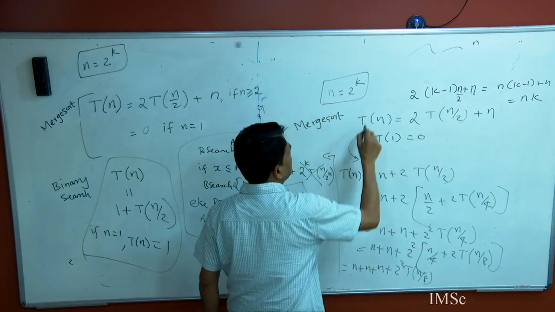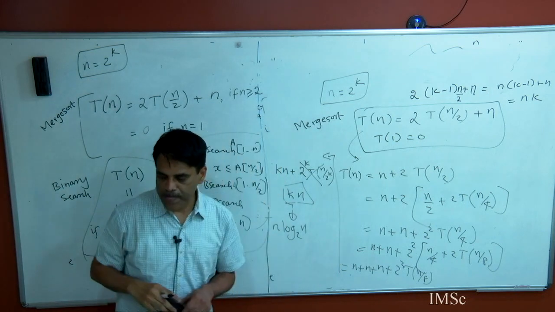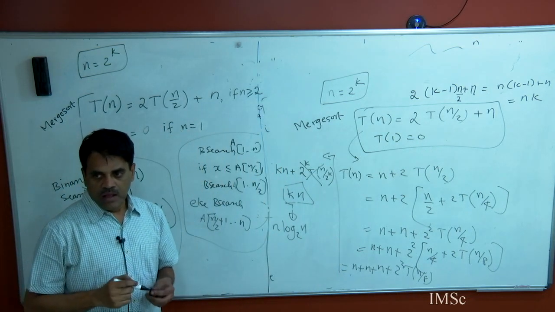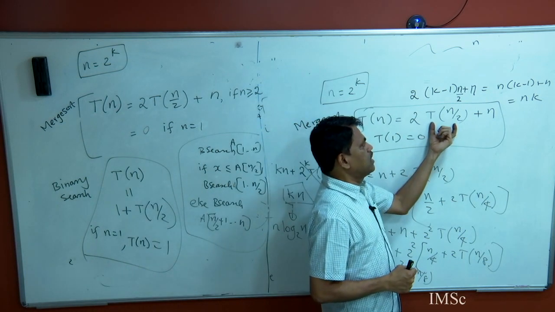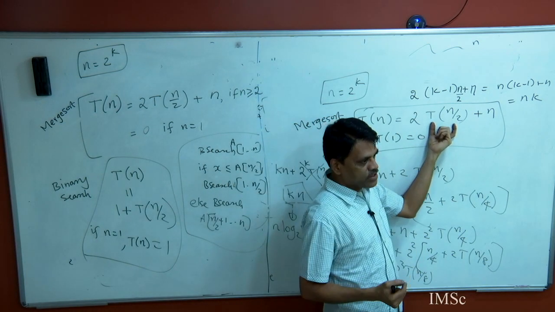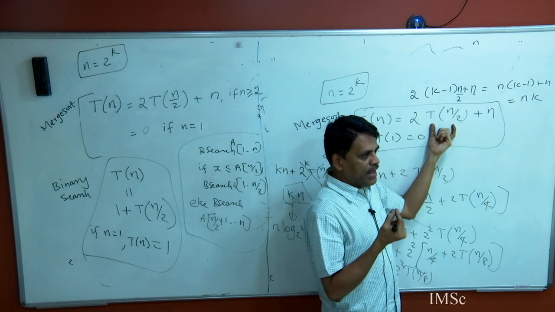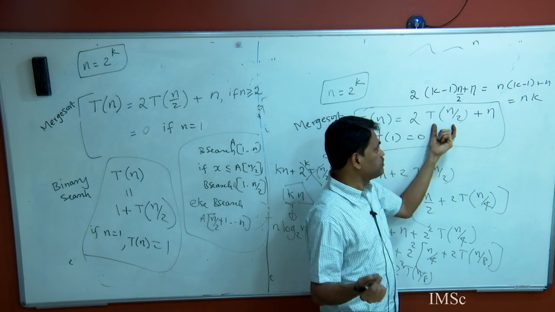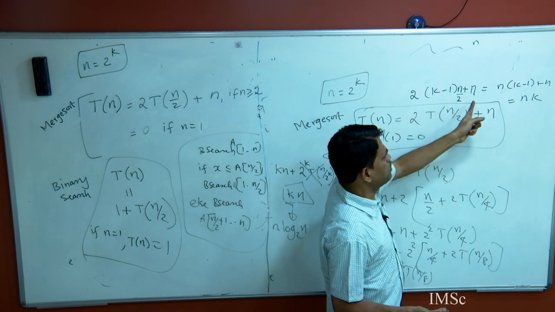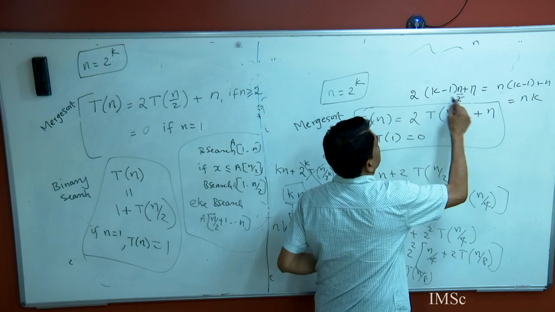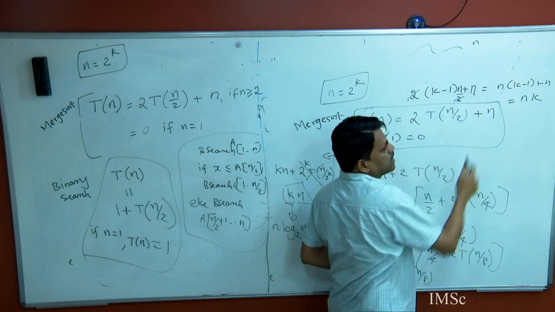Okay, I am trying to prove by induction that the solution to this is nk. Right. So by induction, here this will be n by 2 into k minus 1, because n by 2 is 2 power k minus 1. So n by 2 into k minus 1 into 2 plus n, this 2 and this 2 will cancel out. It is n into k minus 1 plus n, so that is nk.